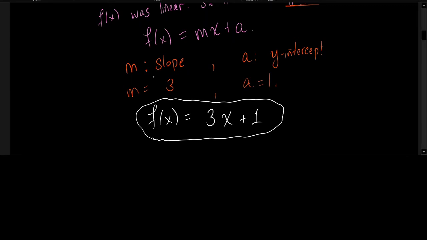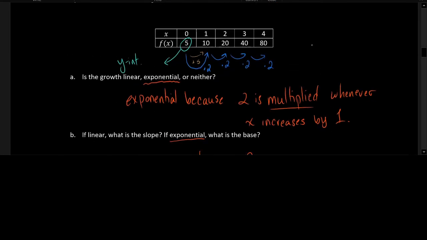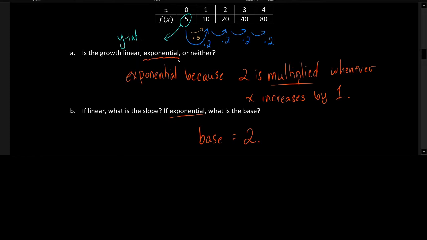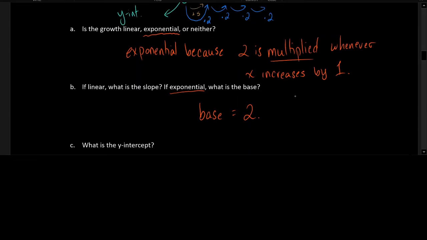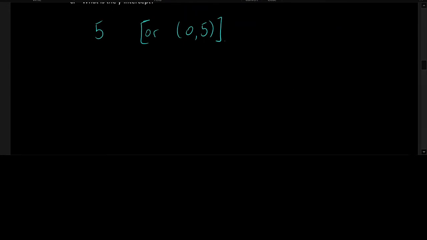Okay, let's consider the second example from yesterday, and let's once again try and find a formula for the f of x that's being described in this problem. Now, yesterday we analyzed this table, and we observed that it grows exponentially with a base of 2 and a y-intercept of 5. Now, once again, I'm going to start with the general formula for exponential growth.